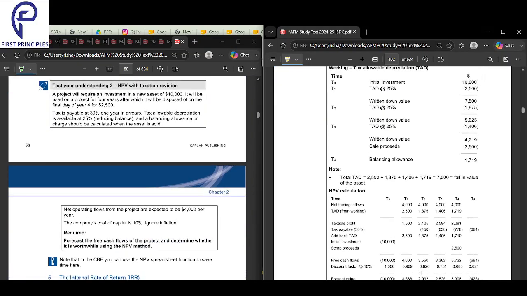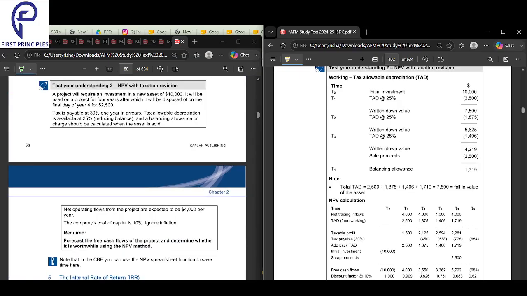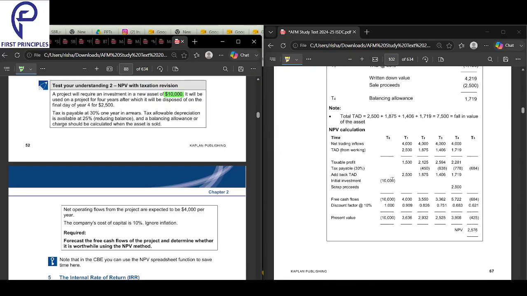So looking into TYU2 here, we're looking into the second sum, getting a good understanding about this. A project will require an investment in a new asset of 10,000. So you have an outflow; you will put 10,000 over here because it's an investment in the project.